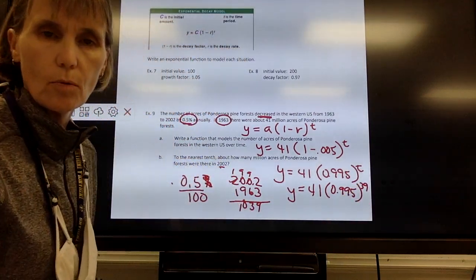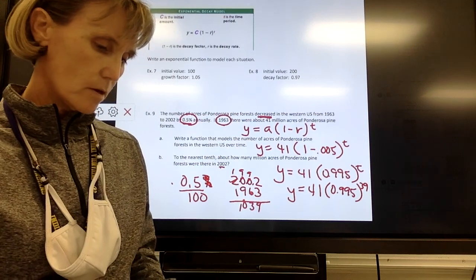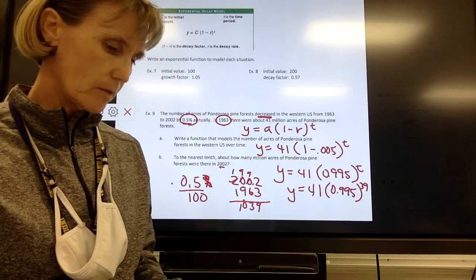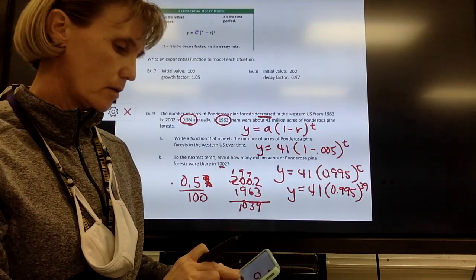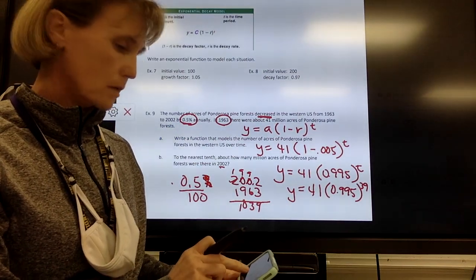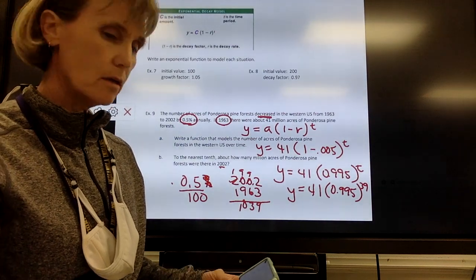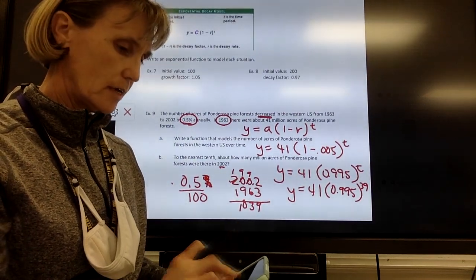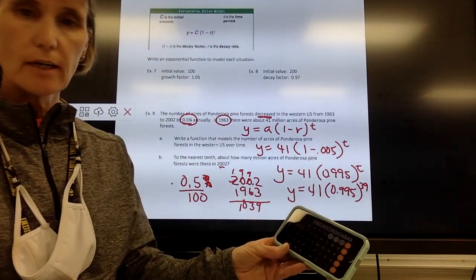Okay, and again, when you use your phone to do that, you've got to evaluate the exponent first. So I'm going to turn my calculator on its side. Okay, and I'm going to go 0.995. I'm going to raise it to the 39th power. And I'm going to take that decimal, so you're going to get a decimal there.